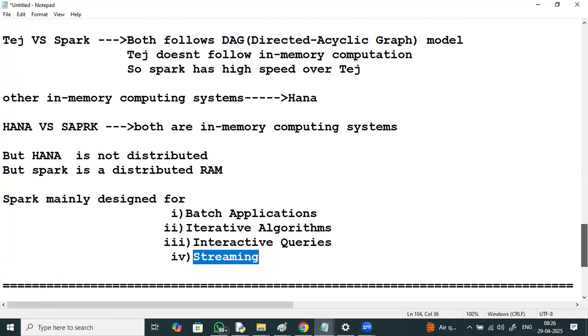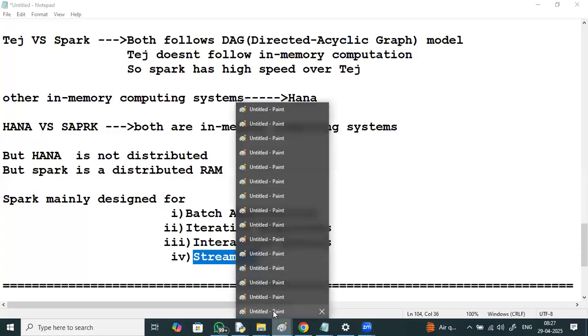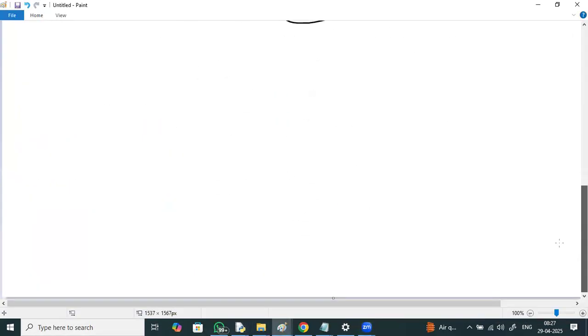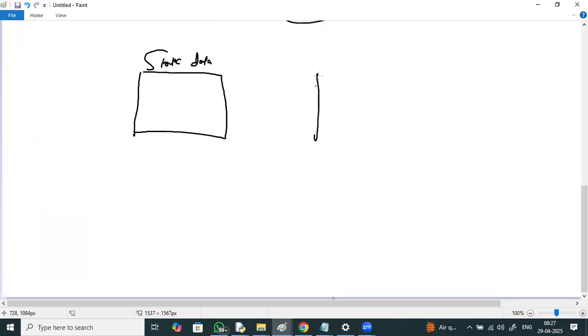Here, streaming means continuous flowing. Let us talk about static data and streaming data with a real-life example.